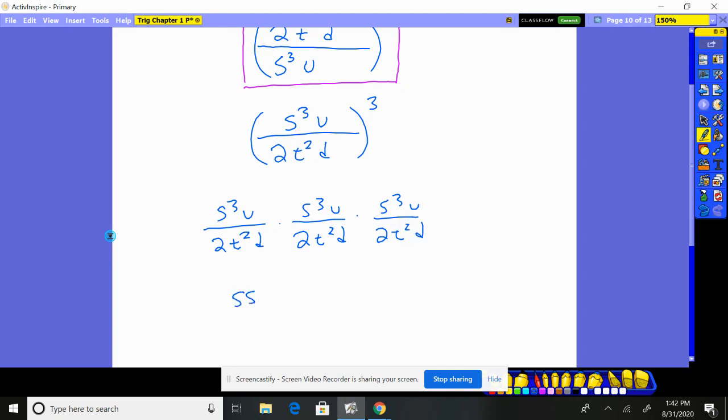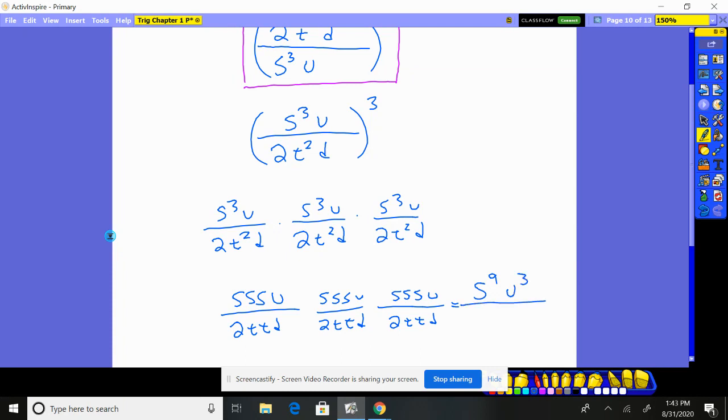So SSSU over 2TTD, times SSSU over 2TTD, times SSSU over 2TTD. So going across the top, how many S's do you see? I see 9 of them. U, that's U to the 3rd.